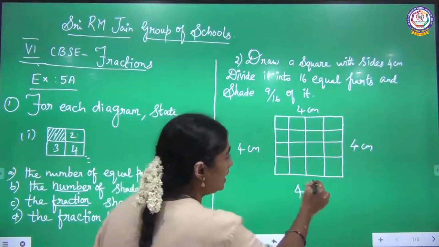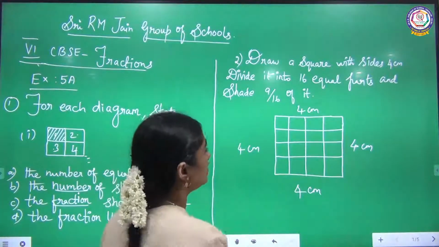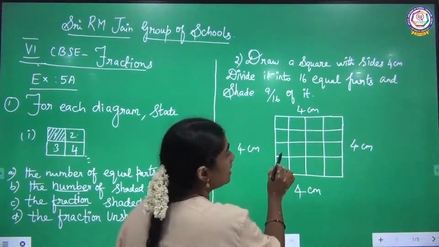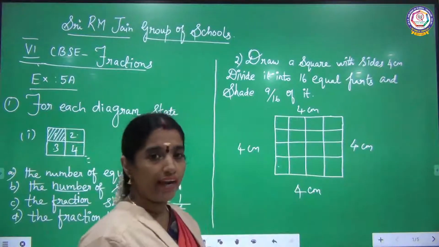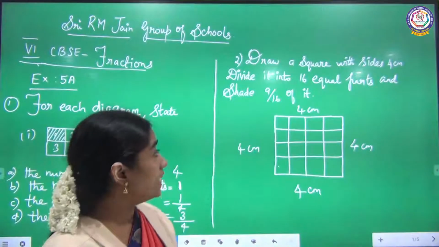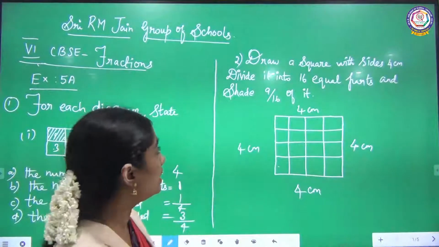So I am dividing this square into how many equal parts? 16 equal parts. 1, 2, 3, 4, 5, 6, 7, 8, 9, 10, 11, 12, 13, 14, 15, 16. So I drew the side 4 centimeter and divided that into 16 equal parts. Now what am I going to do here?